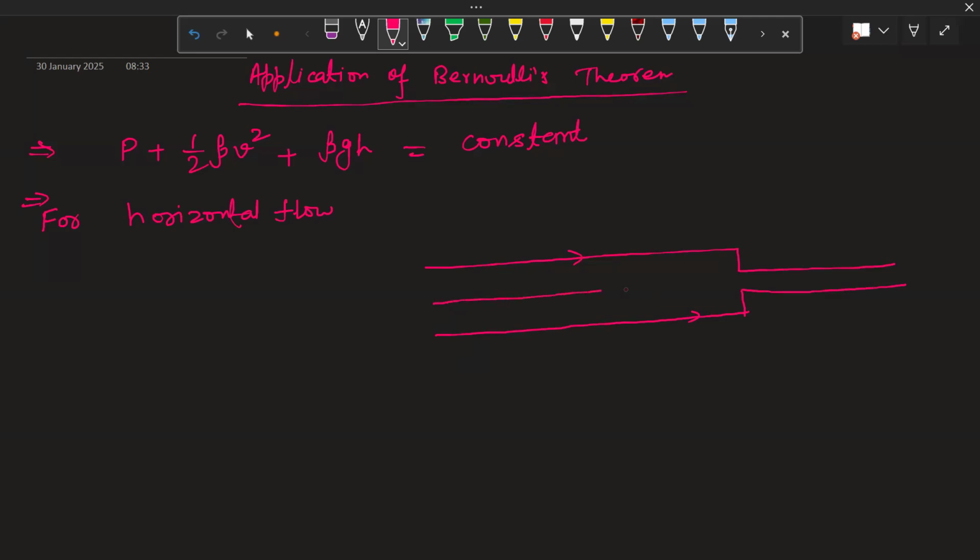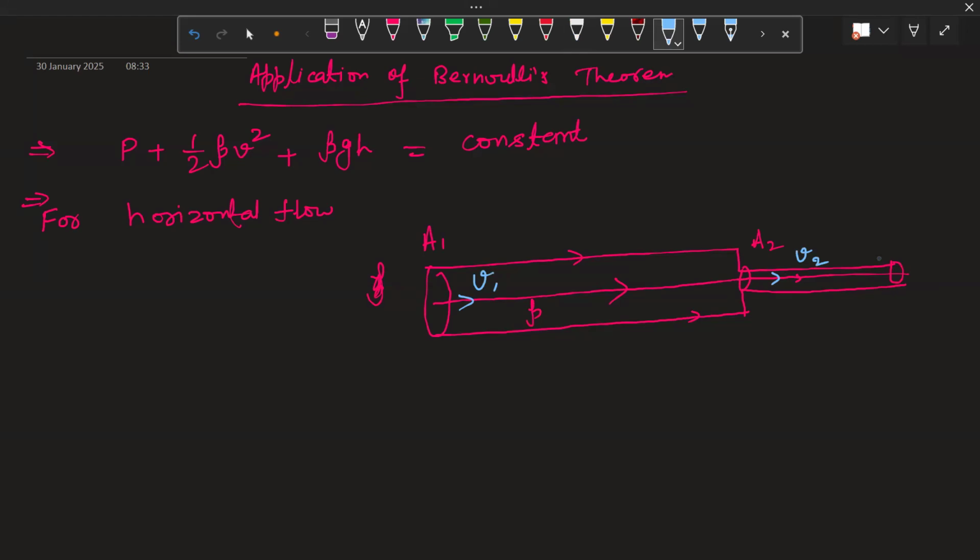Here area is A1, and here in this short tube, area is A2. Density is rho. Here the speed is V1 and here the speed is V2.